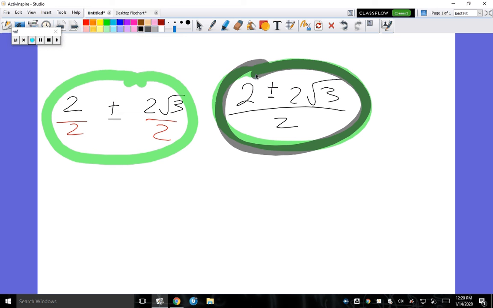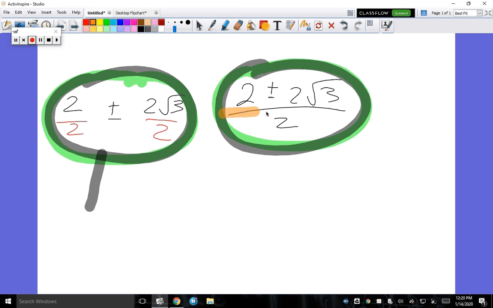Let me try this. How many terms do you see here? 2. So here, for sure, there's 2 terms. Because terms are separated by what? Addition and subtraction. But multiplication glues everything together as what? 1 term. So division is a form of multiplication.